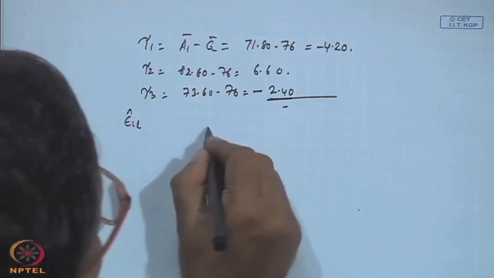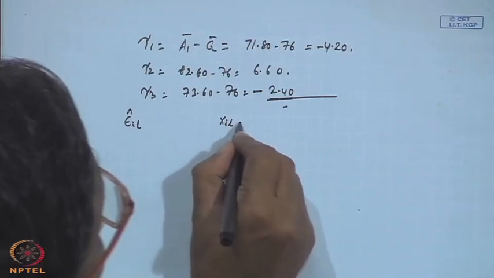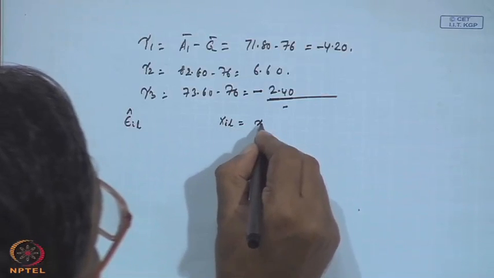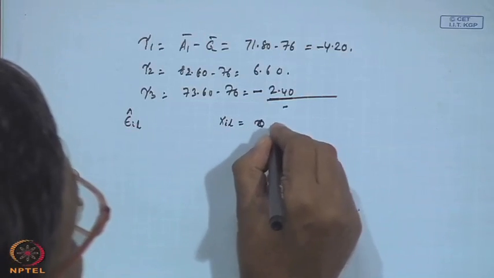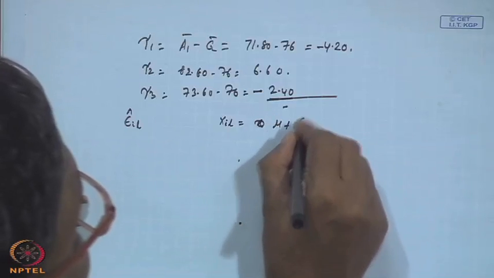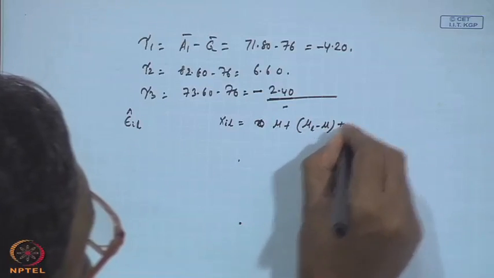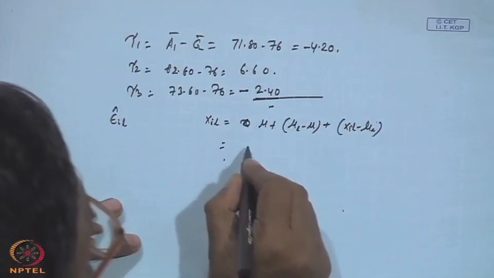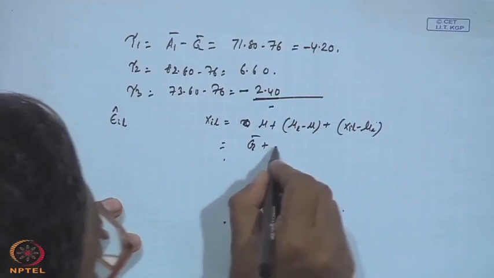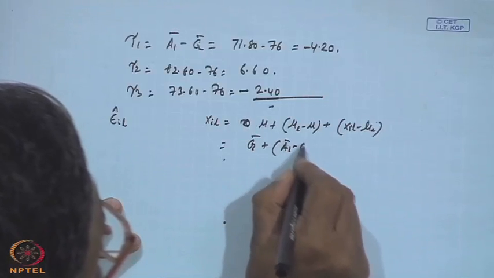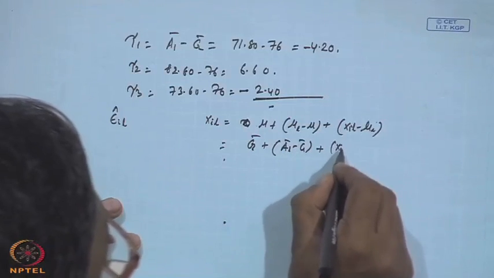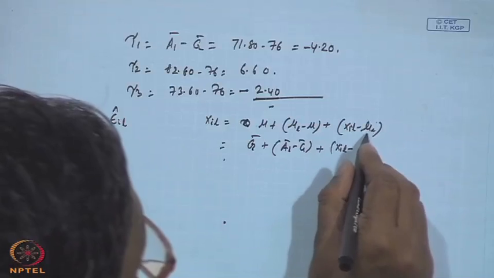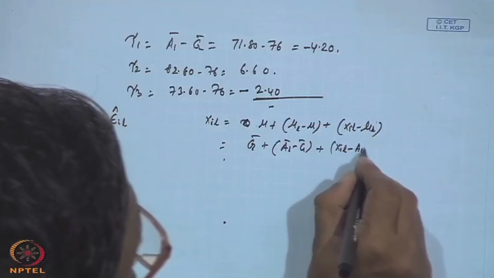What we have seen is that X_il equals mu plus mu_l minus mu plus X_il minus mu_l, which is nothing but G bar plus A_l bar minus G bar plus X_il bar minus A_l bar.